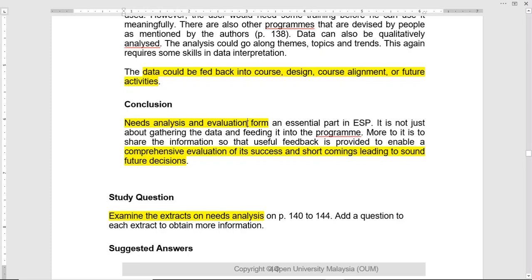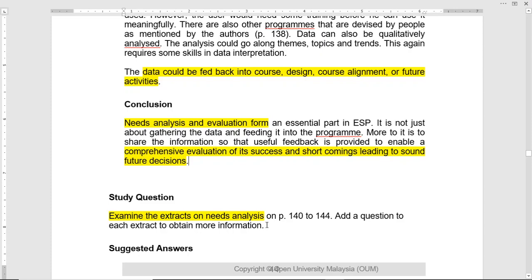Assessment is assessment of the students' performance, whether they have reached the target. So, a comprehensive evaluation of its success and shortcomings leads to sound future decisions. In order to do that, we need needs analysis and evaluation of the students as well as the program.